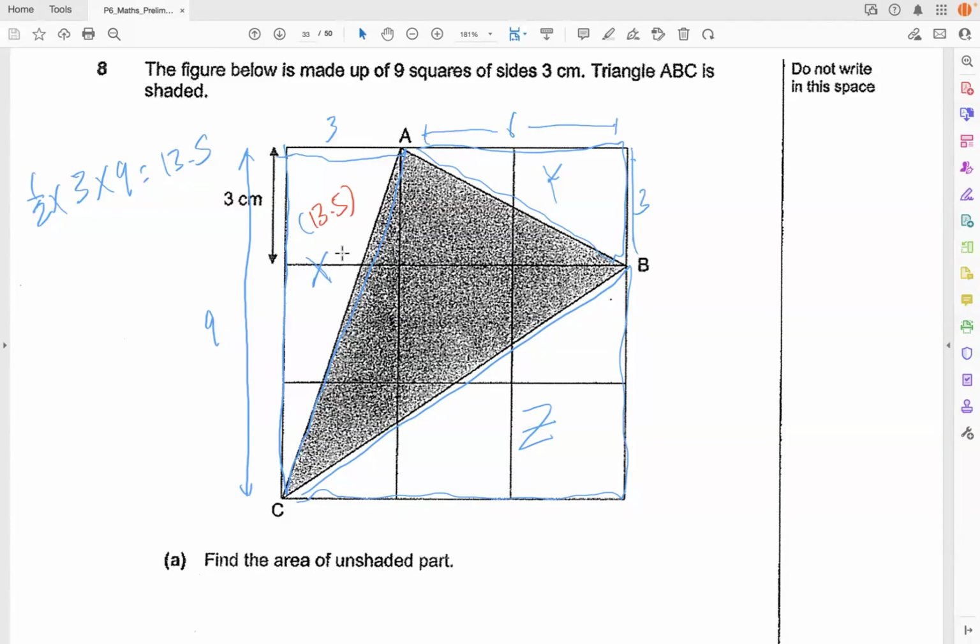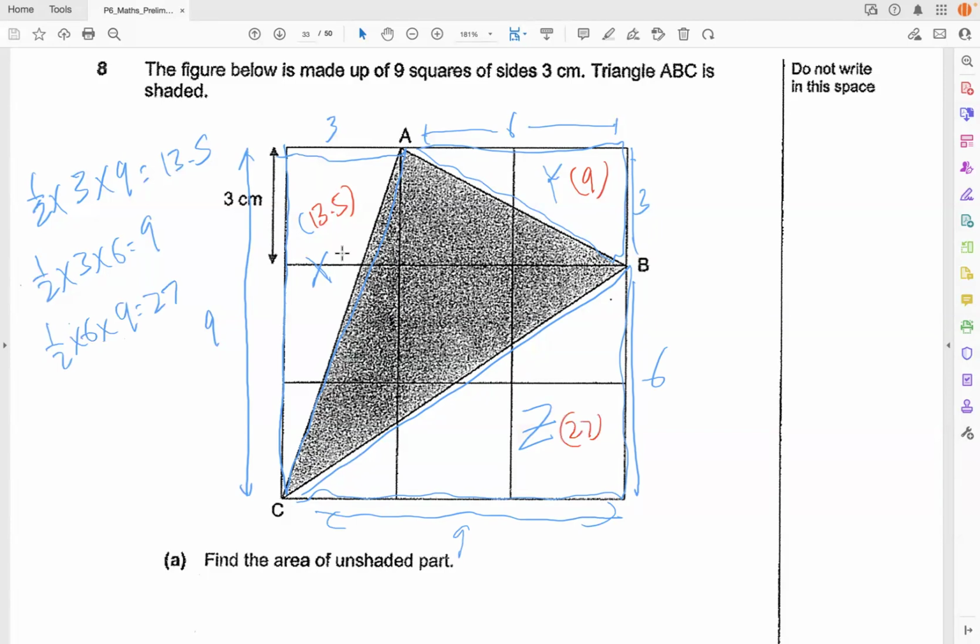So half times 3 times 6, you get 9. Now let's do triangle Z. Half times this is 6 and this is 9. So half times 6 times 9, you get 27.